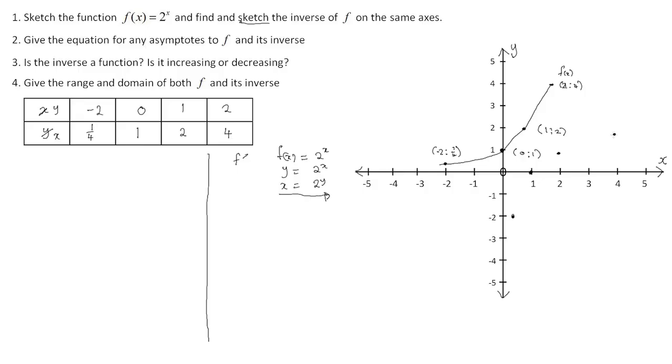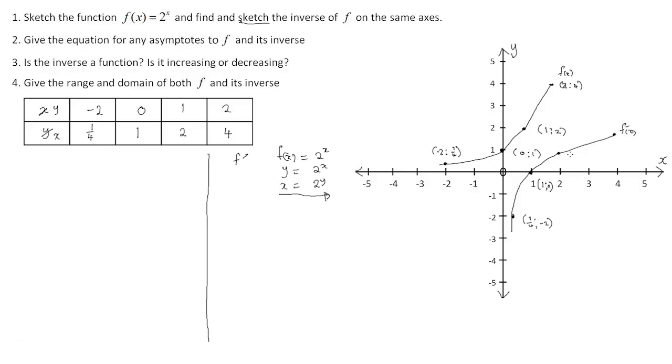Okay, let's just try and connect those dots once again. Coming down, this is the inverse function. X is equal to 1 over 4 and y is equal to minus 2. Here we have y is 0, x is 1.